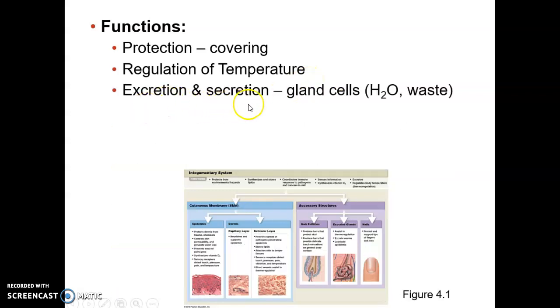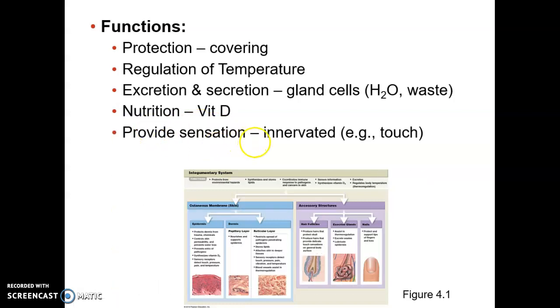Excretion and secretion. There are gland cells that secrete a watery material, sweat or sebum, the watery and oily material, and some metabolic waste. So there is some excretion via the skin or the integument. And then nutrition. Vitamin D is synthesized in the skin with the absorption of some ultraviolet light.